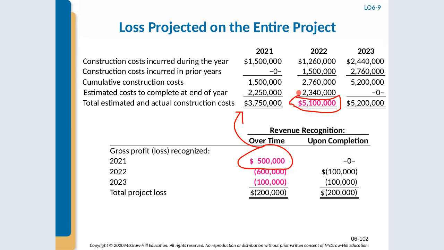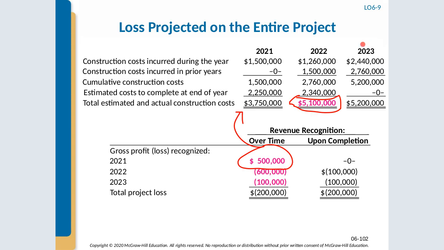So that means that now this actually exceeds the $5 million that we agreed to get in revenues for this contract with our customer. Sometimes you may be able to renegotiate, if you're in a construction company, but sometimes you will not be able to. That means that you're going to have to eat this loss.